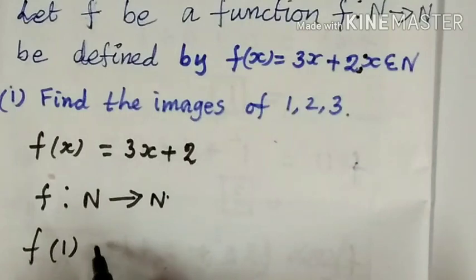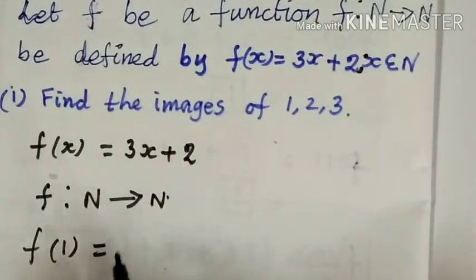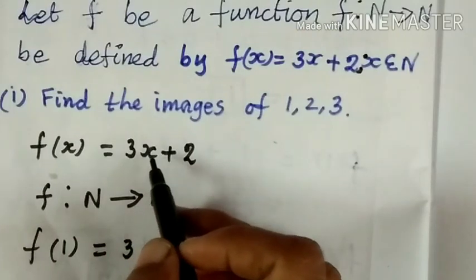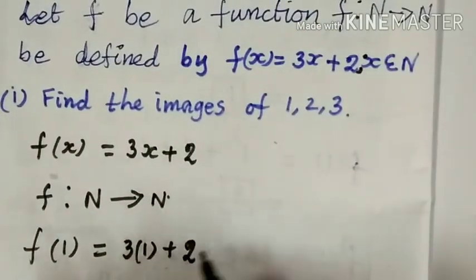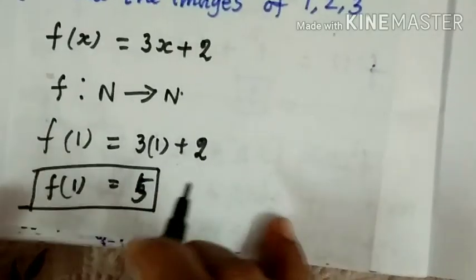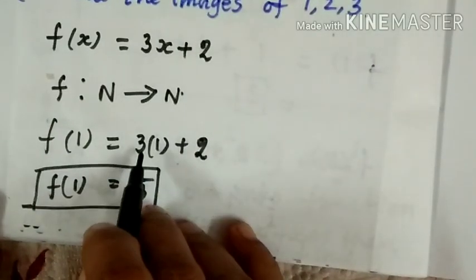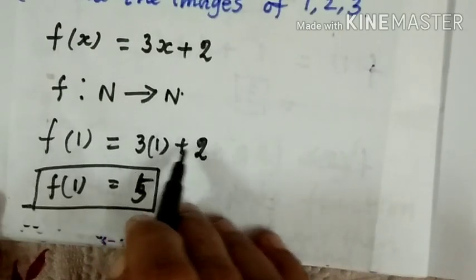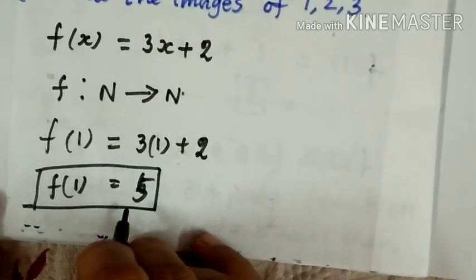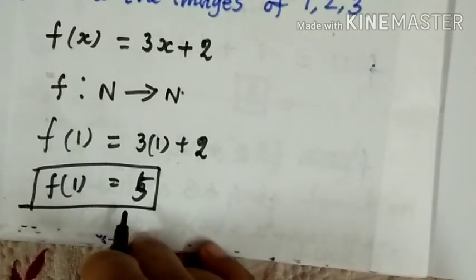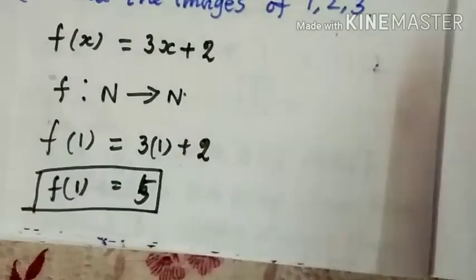Therefore we have to find the value of f of 1. That is, instead of x you apply 1: 3 into 1 plus 2. Therefore the value of f of 1 is 3 plus 2 equal to 5.